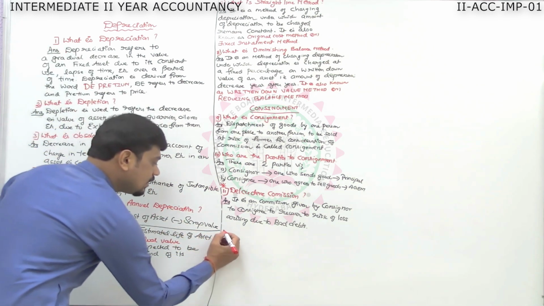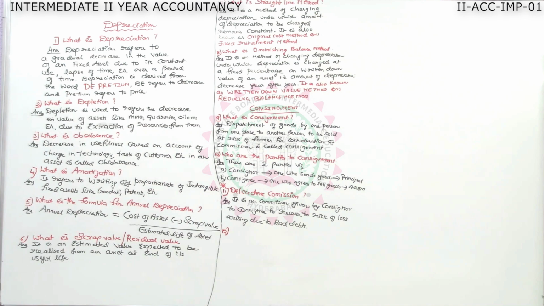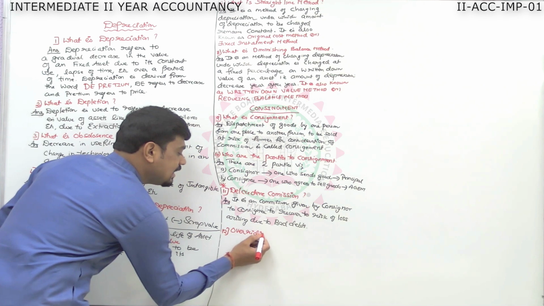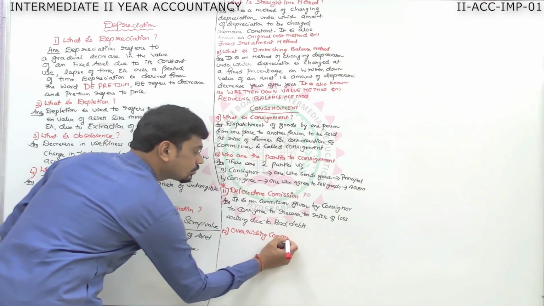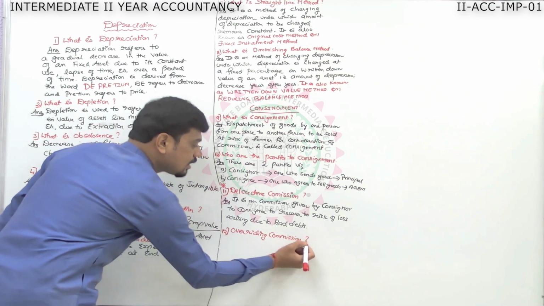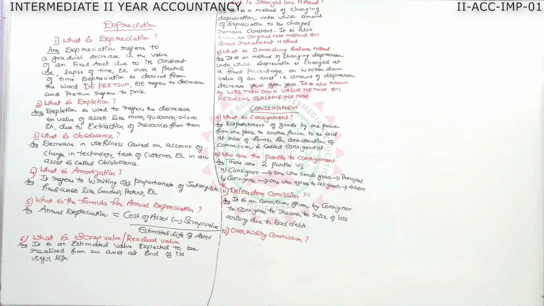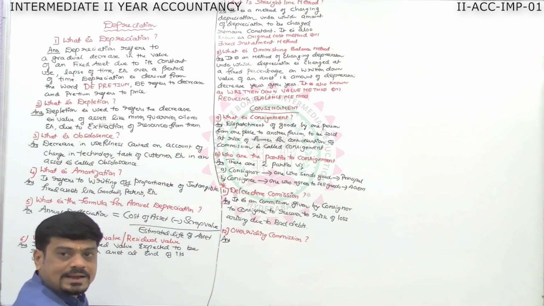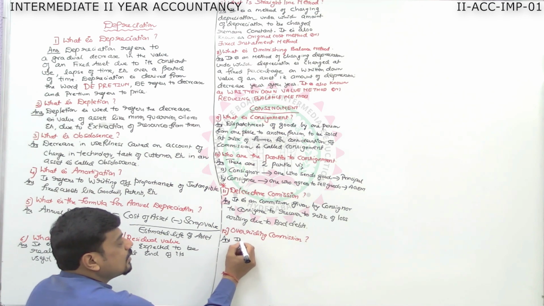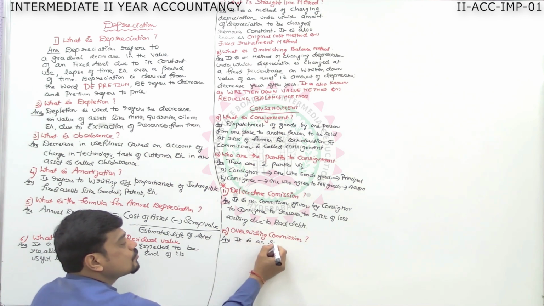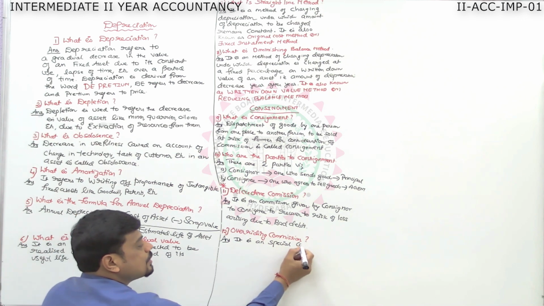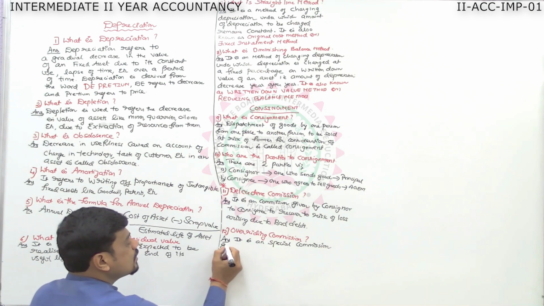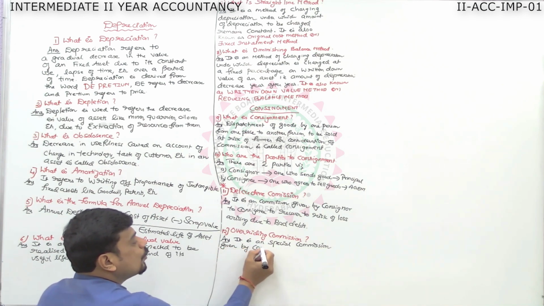In a similar manner, sometimes you may be asked to write about overriding commission. What is overriding commission? Then you will say the answer like this. We'll call it a special commission, or you can call it extra commission. It is a special commission given by who?